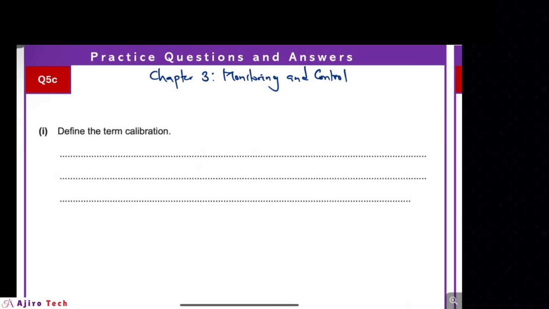A pressure sensor, since we're still on pressure sensor, that could read 50 kilogram is now reading 54 kilogram. What do you think has happened? It needs calibration. So calibration simply means that you are adjusting the sensor so that it can once again give the correct value.